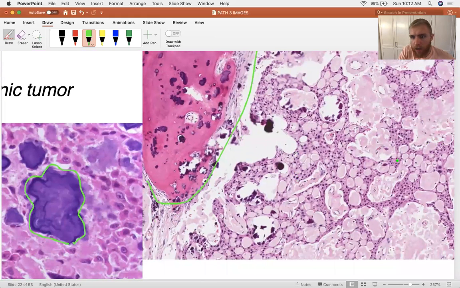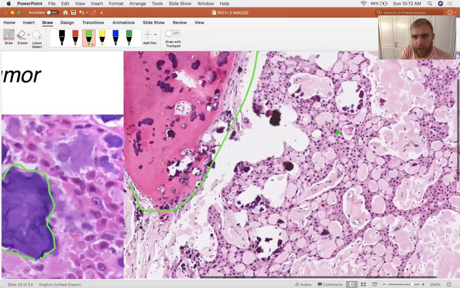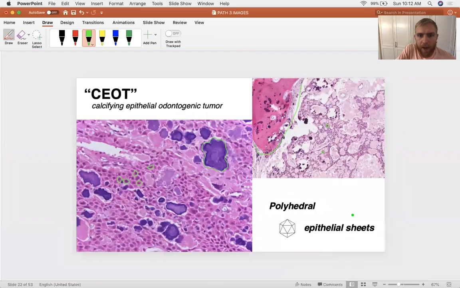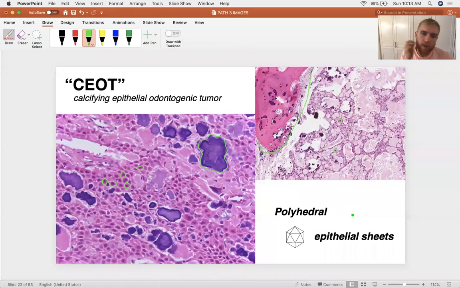It's a solid rock. And you see these polyhedral type of epithelial cells around it. So the epithelial cells are blown up and they've got some big nuclei to them. They're going to be inside the jaw, and they're going to have a calcium crystal on histology.